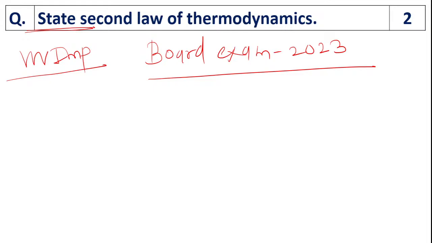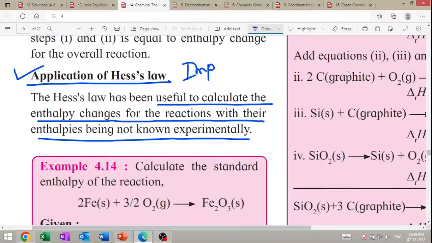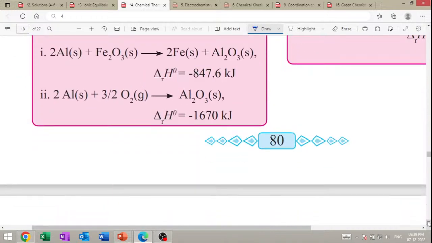You should be able to write the statement of the second law of thermodynamics. And where it is written, check in your textbook if you have it. Second law of thermodynamics with respect to the entropy.